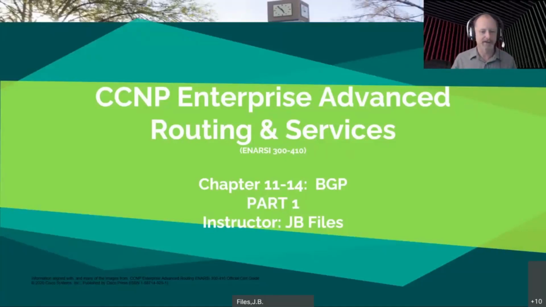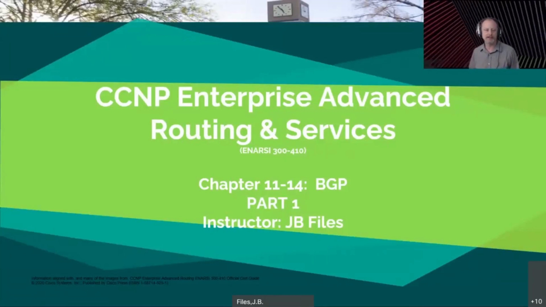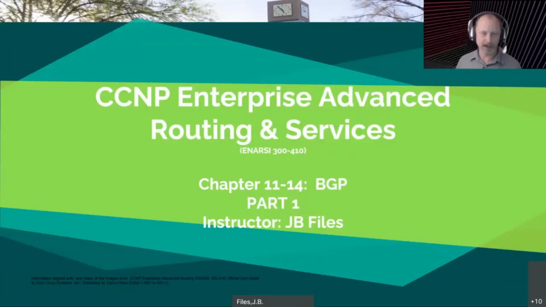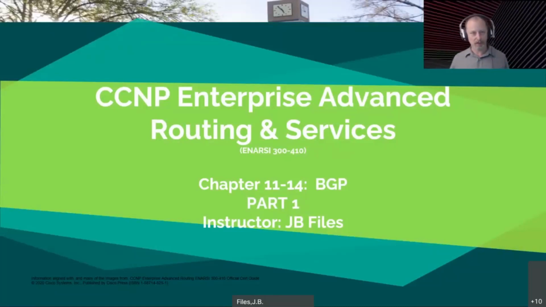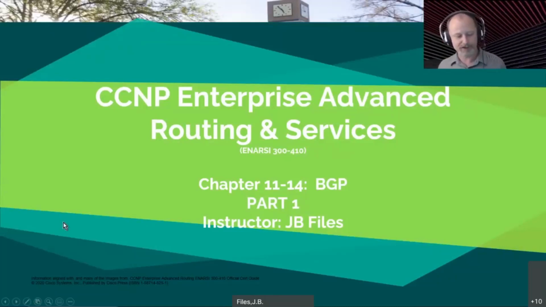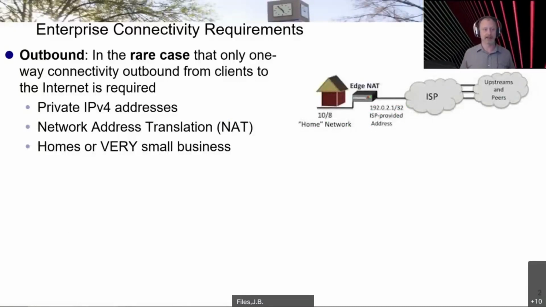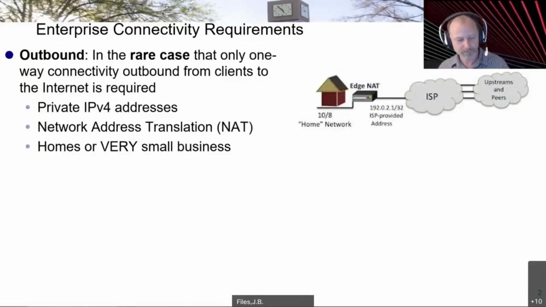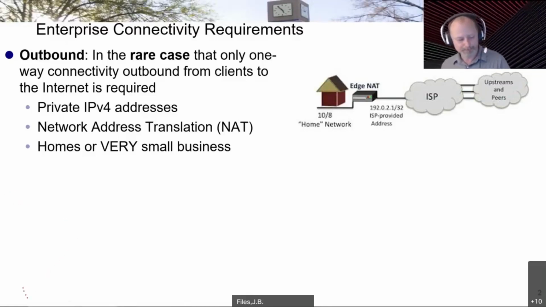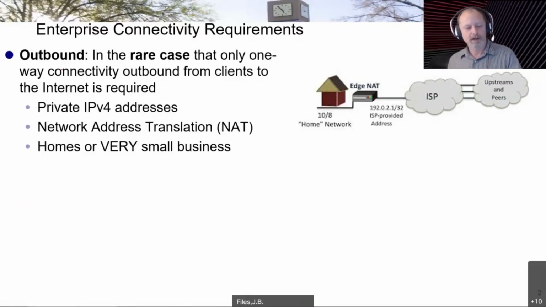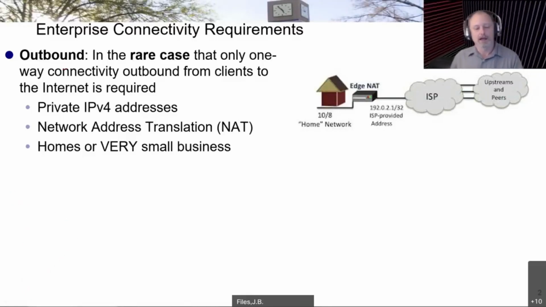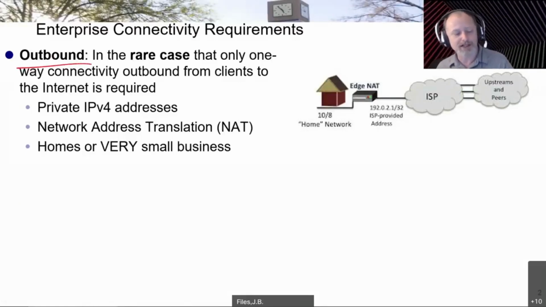All right, so first chapter of BGP, talk about why do we care, what is BGP for. So the first thing to talk about is enterprise connectivity. Here we're talking about outbound connectivity.